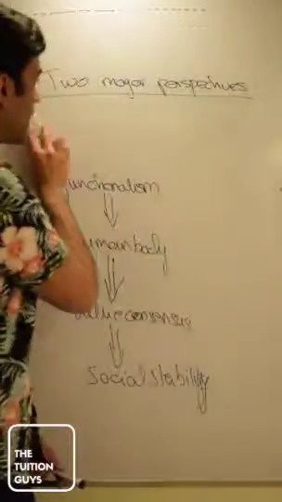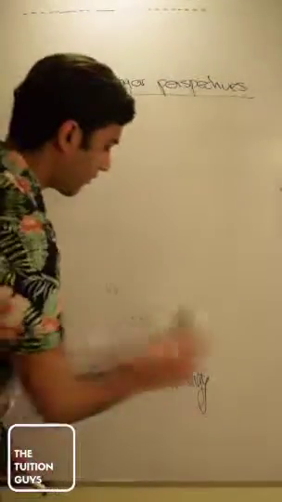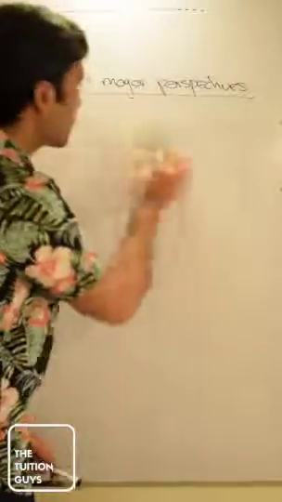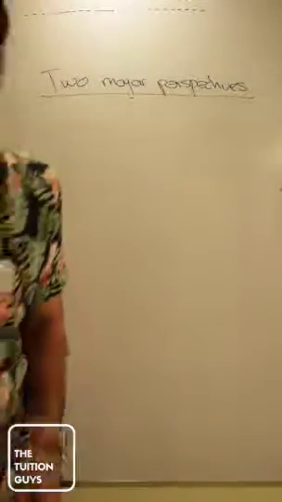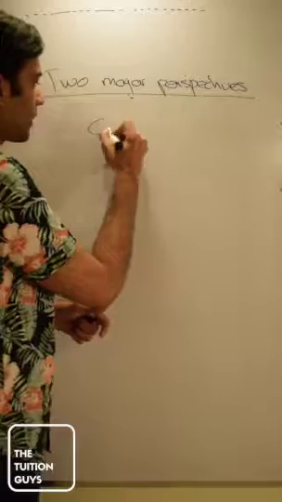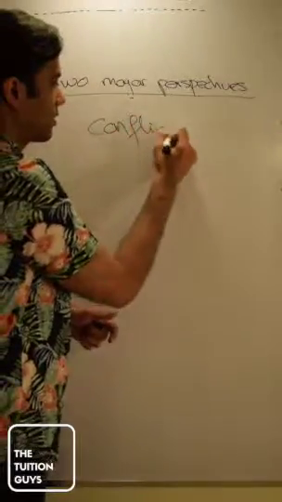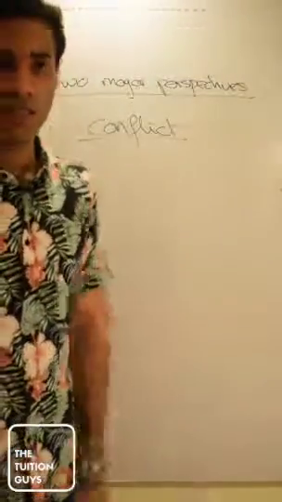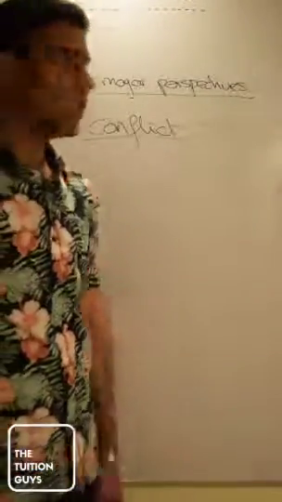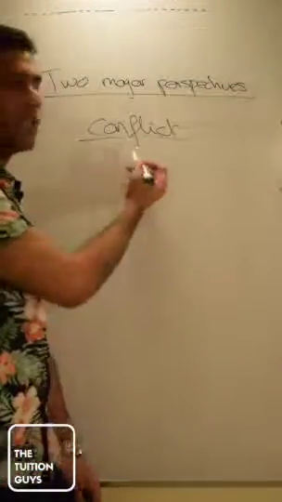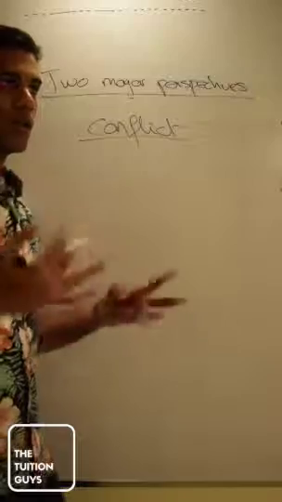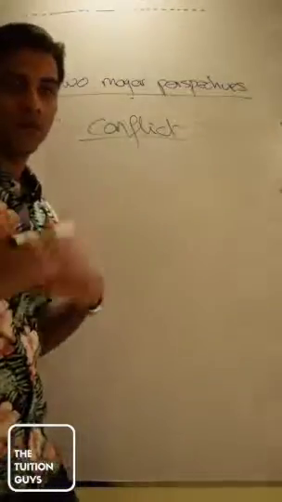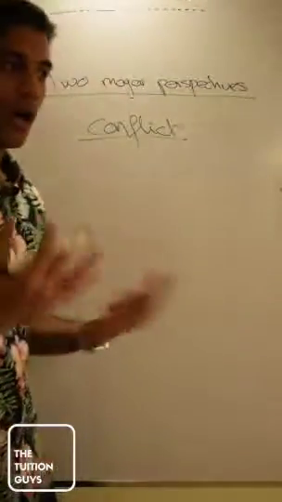So that's enough about the consensus view, a little brief overview about it. Why don't we move to what is known as the conflict approach? Now, the consensus view, we know it's all about harmony, social stability, a value consensus, people agreeing to things, and society being at an equilibrium. Now, by just reading this name, conflict, we know that this is not going to be about social stability or harmony.